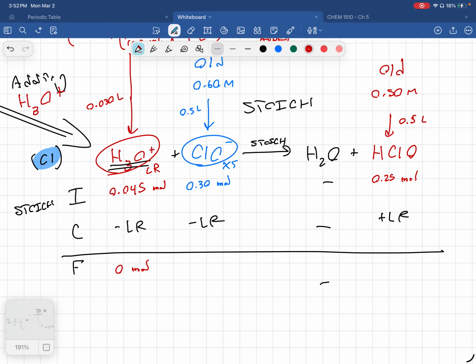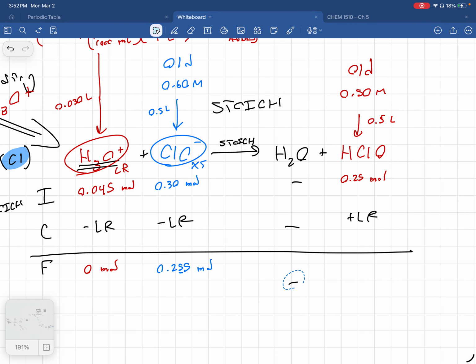And so we get 0.25, oops, I want to do that in blue. 0.255 moles of that guy. No, it'll be 2 decimal places, okay?